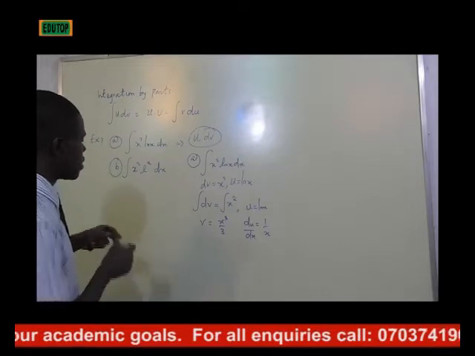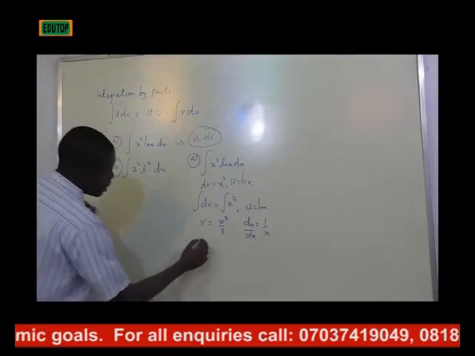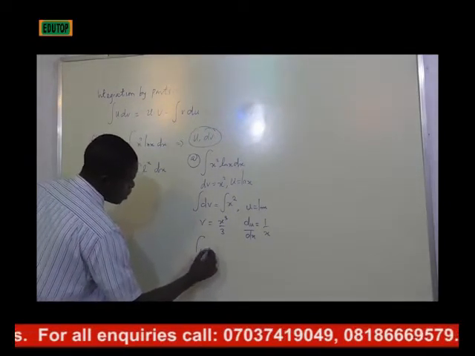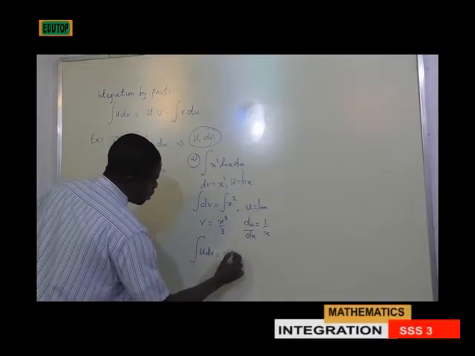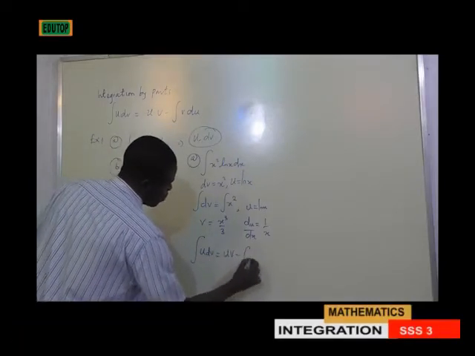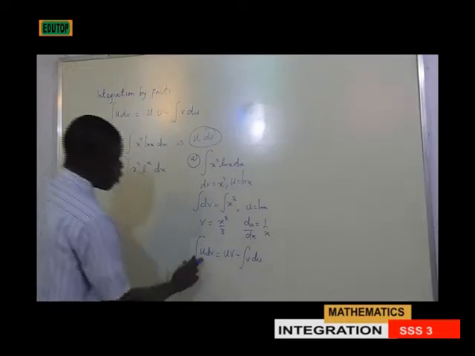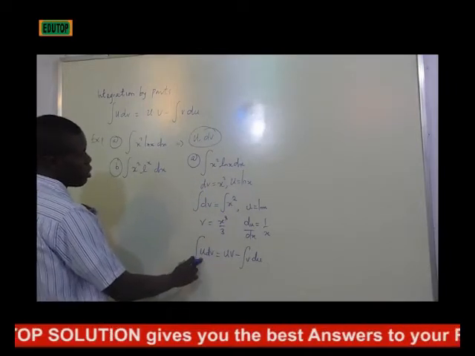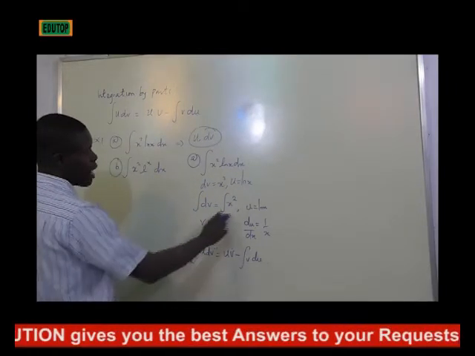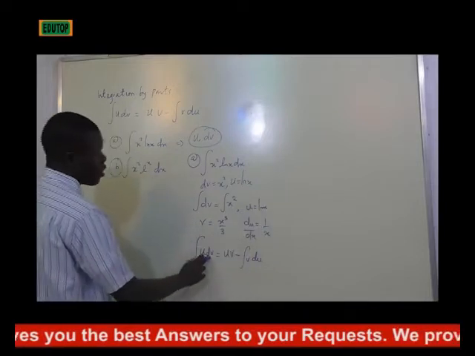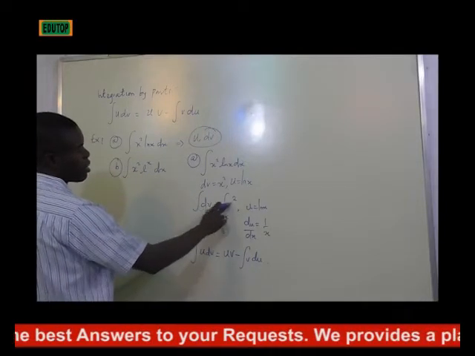So now we will write our model again, which is the integral of u dv equals uv minus the integral of v du. Now, where is my u? My u is ln x. Where is my dv? My dv is x squared.